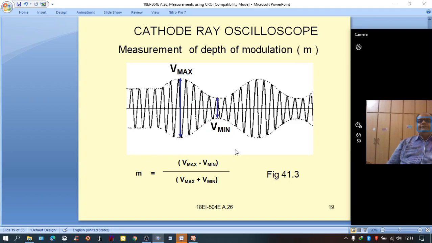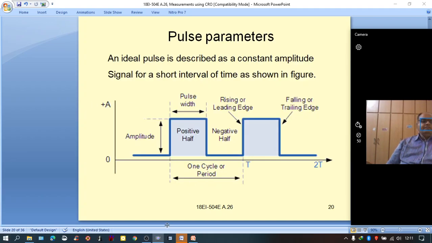Right? Next, pulse parameters. How we can measure various pulse parameters using a CRO. An ideal pulse is described as a constant amplitude signal for a short interval of time as shown in figure. That is this portion. This is called a pulse.